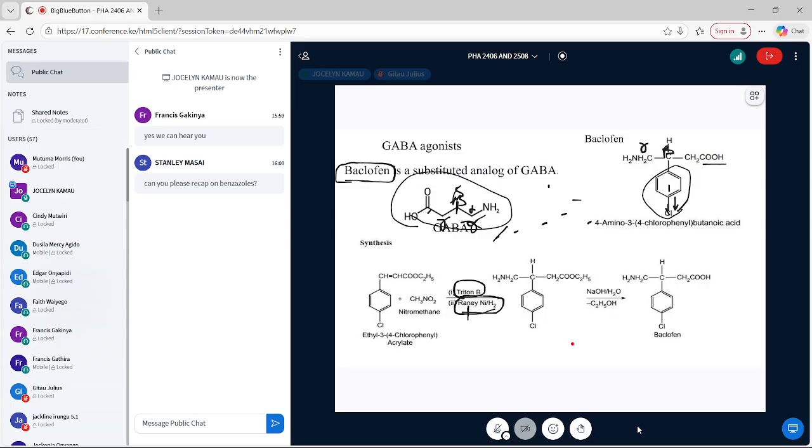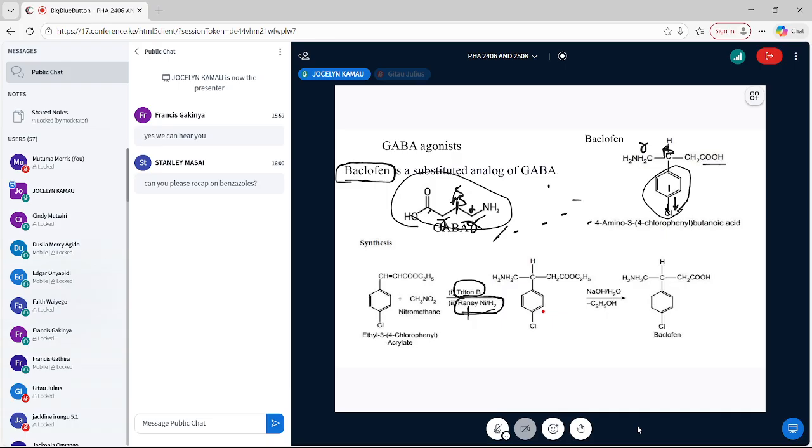Then it will form that compound, and you can see this is an ester. Whenever you hydrolyze an ester, you will get an alcohol and the carboxylic acid, and that definitely will give you baclofen.